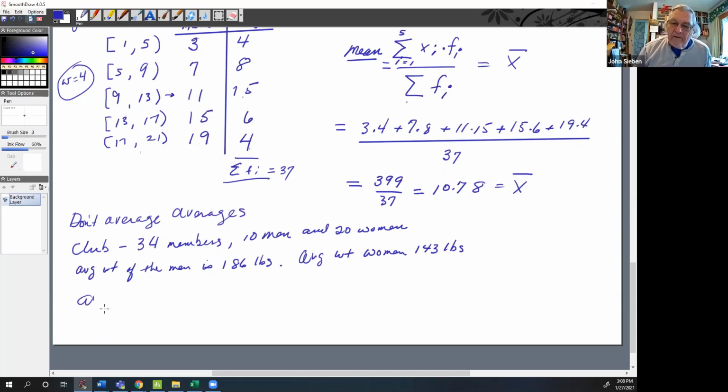What's the average weight of members? Can we say that it's 186 plus 143 divided by 2, which by the by is 164.5? Can we say that? Does that work?